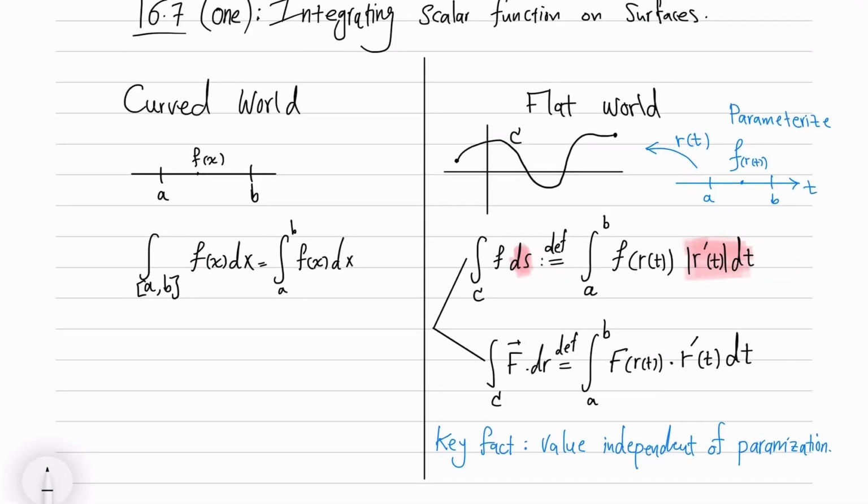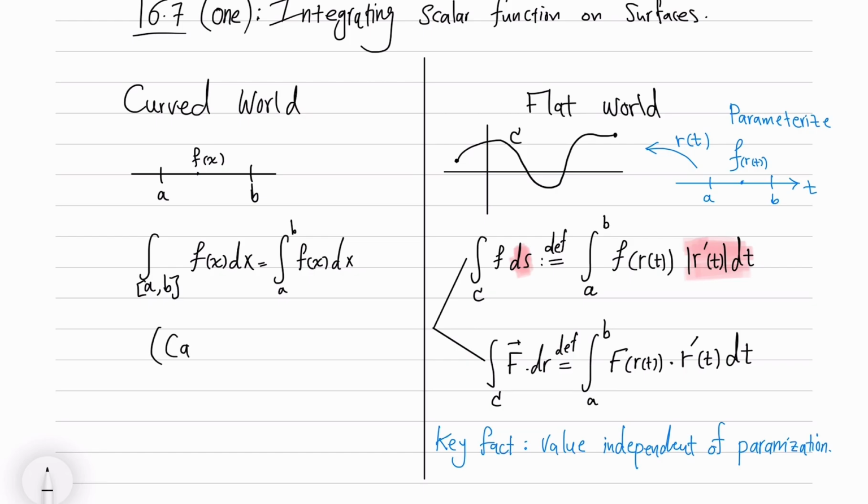The real reason we wanted to parameterize surfaces is to be able to integrate scalar functions and later vector functions on them. I think the best place to start motivating the definition that we're about to see is to go back to the one-dimensional case.